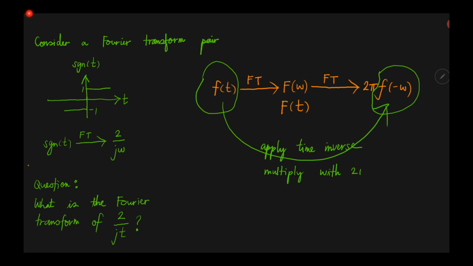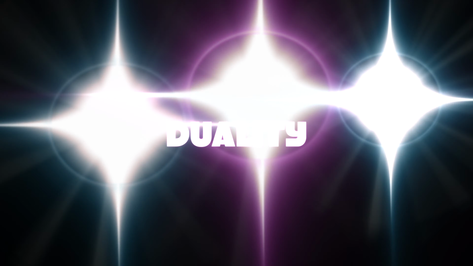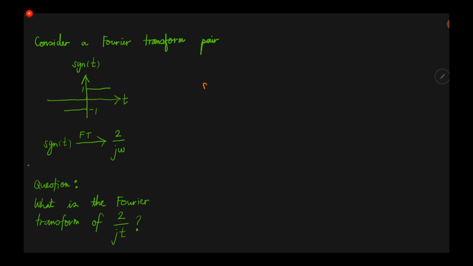If you wonder, this is called duality property of Fourier transform. This is just another way to explain the duality property.